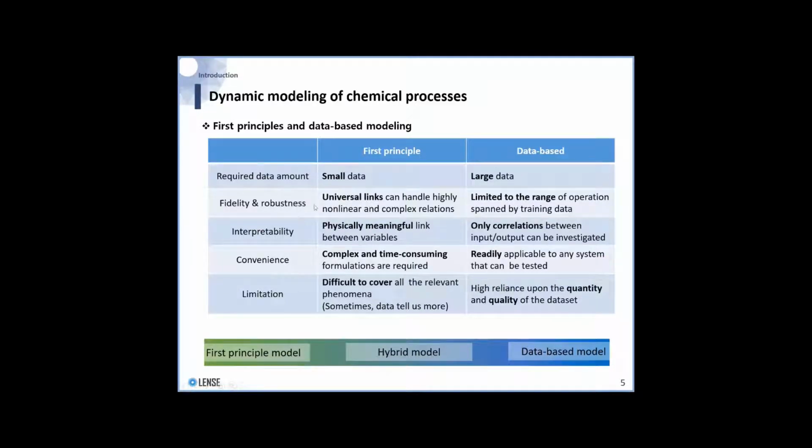And of course, they are fundamentally correct so that they can be extrapolated. They can handle nonlinear complex relations. They have physical interpretation, but the bottleneck is that they can be quite complex, involving thousands or tens of thousands of variables and equations, and they can be very time-consuming to build for industrial processes.